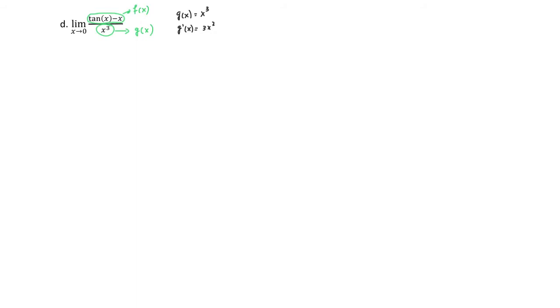In fact, just quickly checking that I get the indeterminate form, I'm going to show here that indeed the limit as x approaches 0 of the numerator, tangent of x minus x, is going to be equal to tangent of 0 minus 0, which is going to be 0, and the limit as x approaches 0 of the denominator, x to the third, is going to be equal to 0.